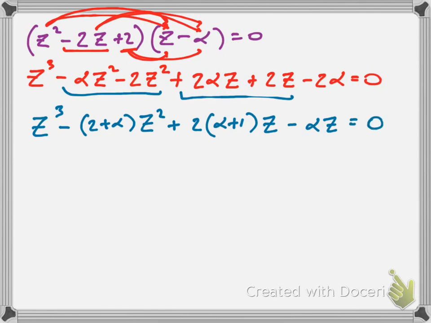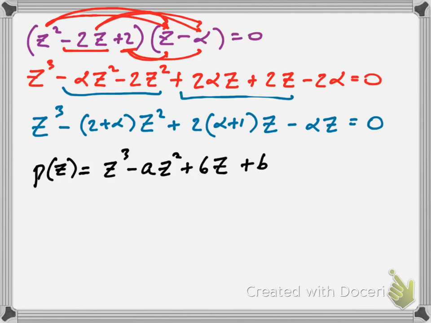So if we go back to the original function, p of z equals z cubed minus i z squared plus 6z plus b. What we are trying to do is equate the coefficients and find them.